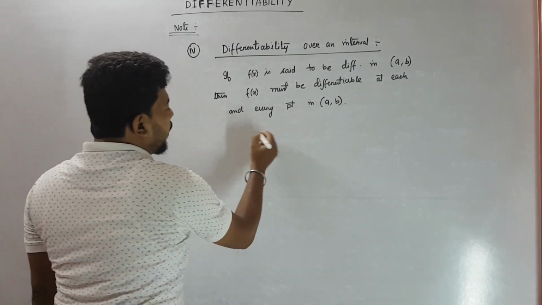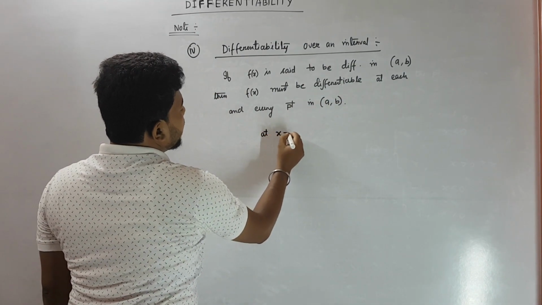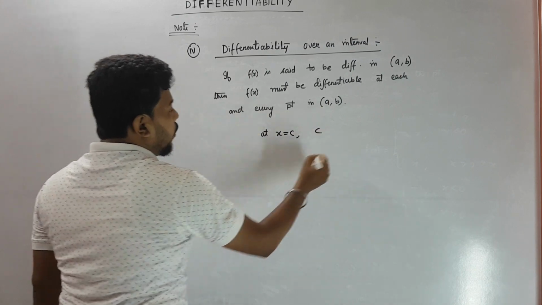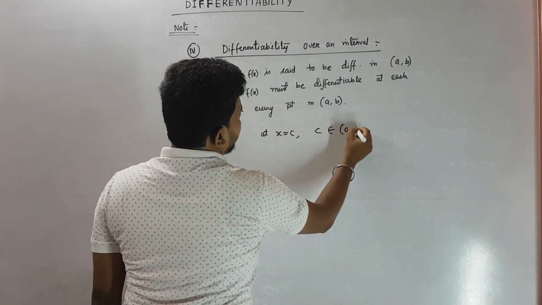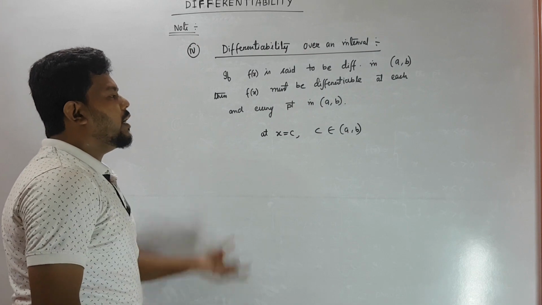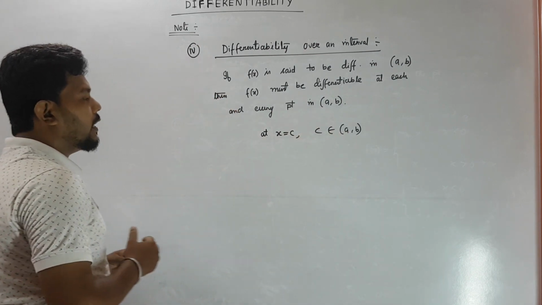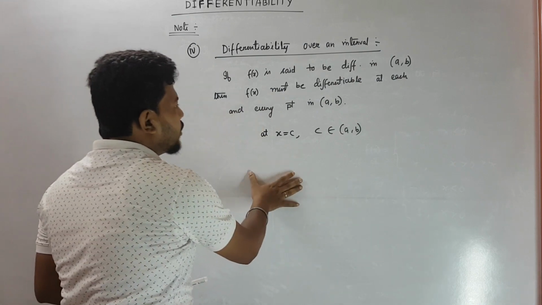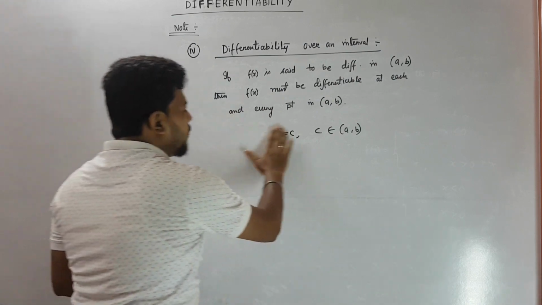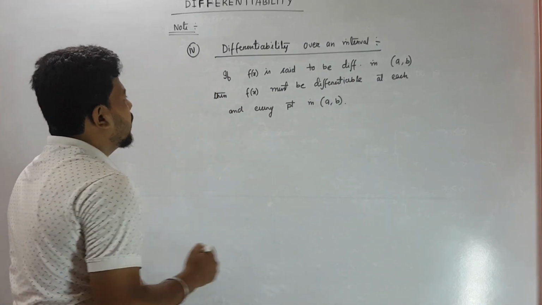That is, at x equal to c, for all c that belong to the interval (a, b), c is any point lying between a and b. At all x equal to c, the function f(x) should be differentiable. That is, f dash c must exist.